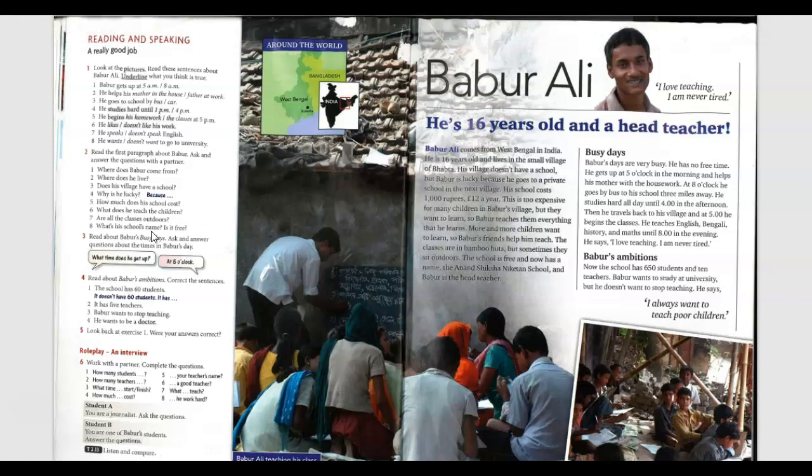Give students a clear time limit so they know how long they have to do these questions and answers, and encourage the student who is playing student B, so who's pretending to be Baba, encourage them to give as much information as they can, and you can elicit some examples of the information they could give.